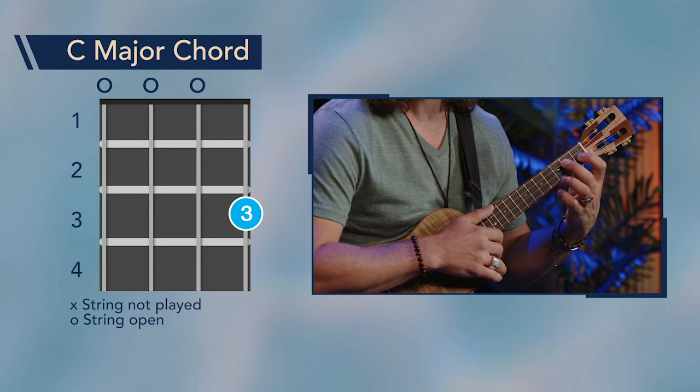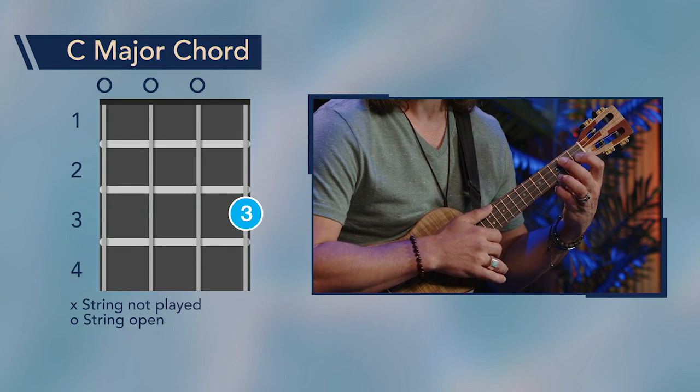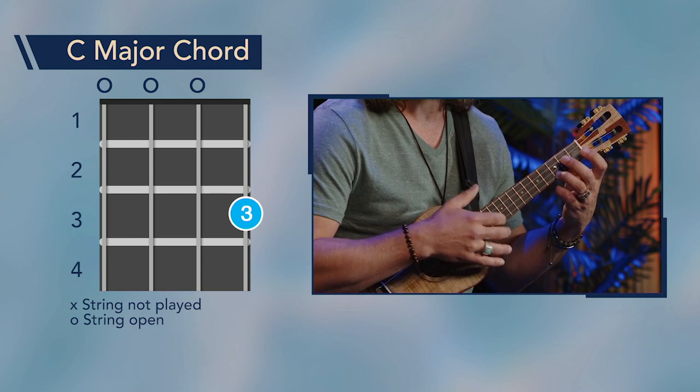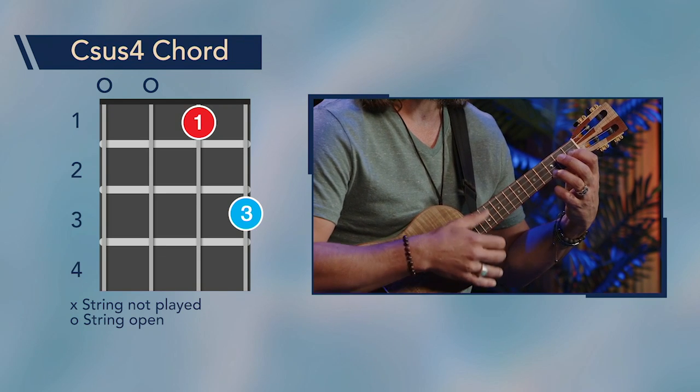Play each chord 4 times using down strums at a slow tempo. We're going to play C and then C sus4. Play along with me. Here we go. 1, 2, C chord. 1, 2, 3, 4, sus.